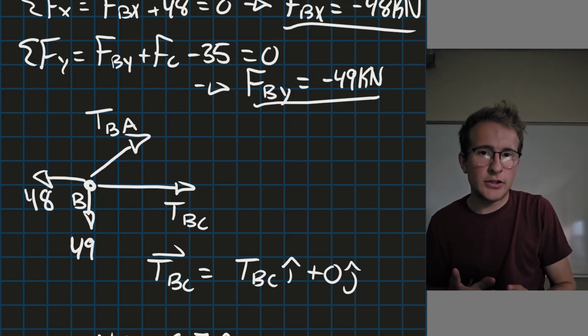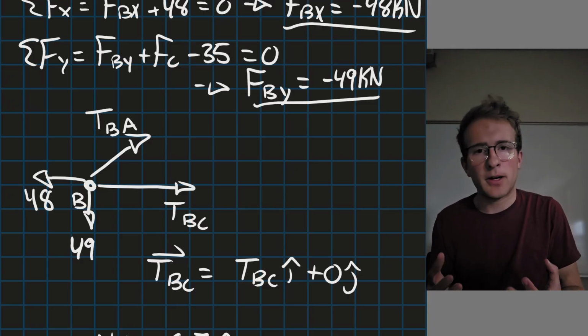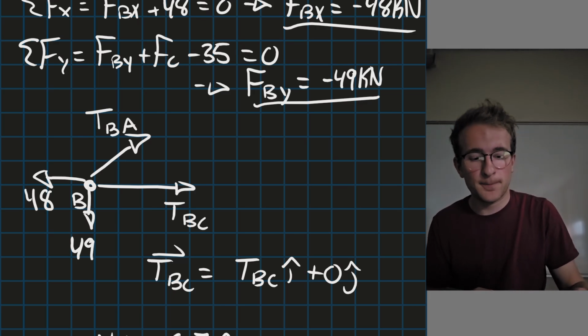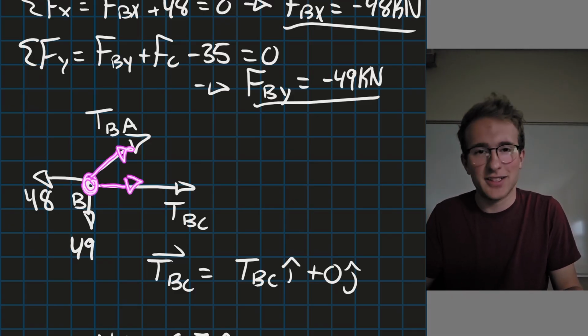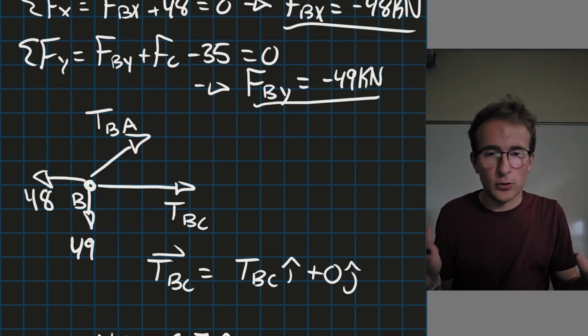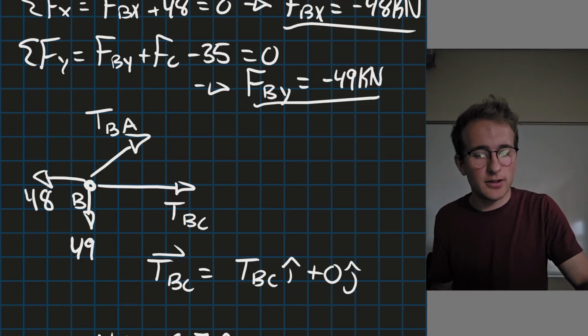But assume it is in tension, and if you do that, then when you get a positive answer, that will always represent tension. And if you get a negative answer, that will always represent compression. So draw your free body diagrams as if they are in tension, even if intuitively you know it is not. Assume it's in tension, and then show later whether it is or isn't.